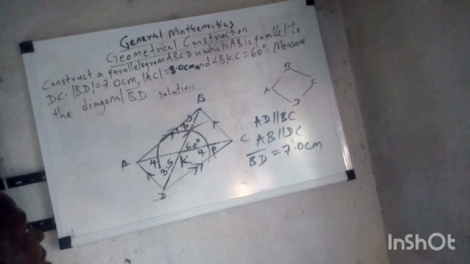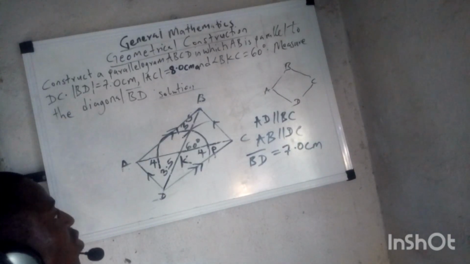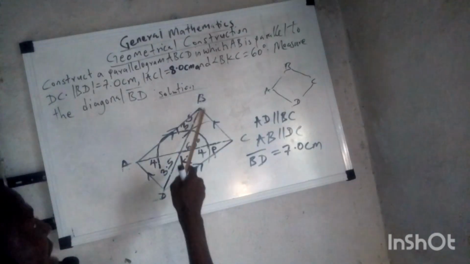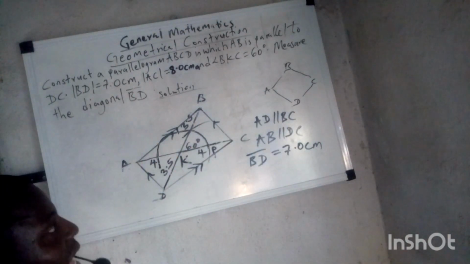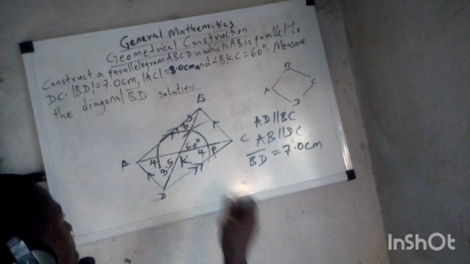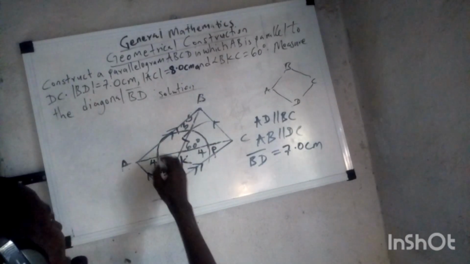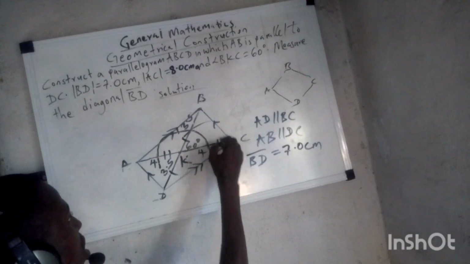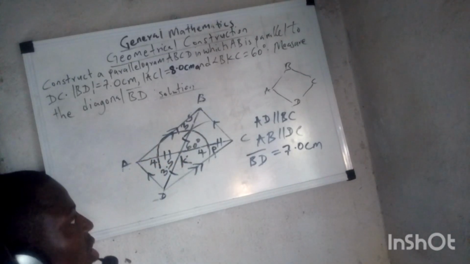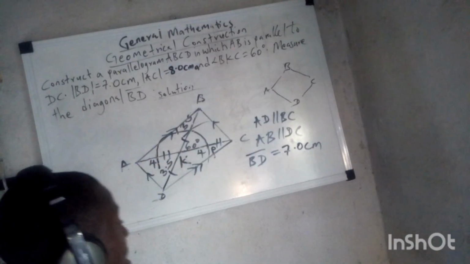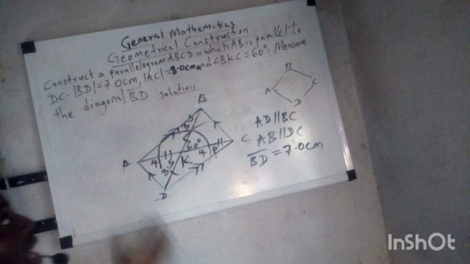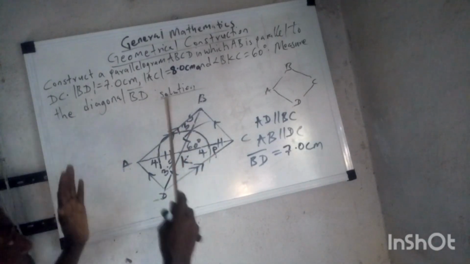So those are the diagonals. This is a diagonal and this is also another diagonal. The symbol here shows that this is equal to this and this is also equal to this. That is what we've been able to get out. It therefore implies that we've been successfully able to construct a parallelogram.